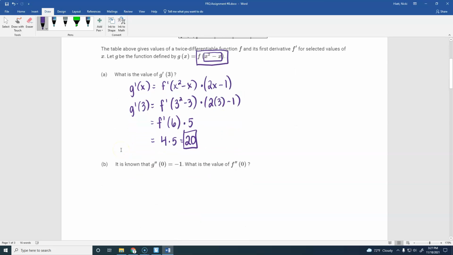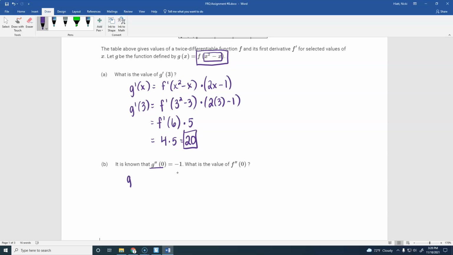For part B, they tell us we know that g double prime of 0 equals negative 1. They ask us to find the value of f double prime of 0. So this one's a little hard to see where to go with, but we know they're using g double prime of 0. So you're going to have to find g double prime.